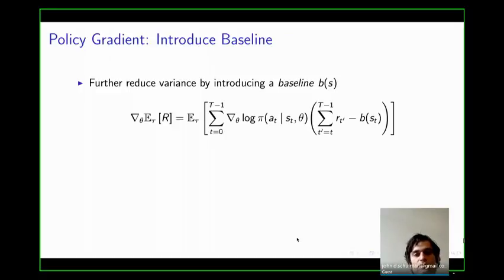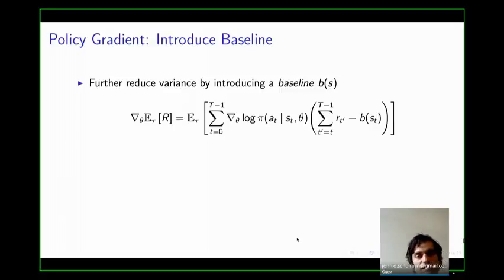Now we can reduce the variance. The name of the game is variance reduction, because the policy gradient is what we care about. We just want to get it estimated as well as possible, as fast as possible, which means reducing the variance of our estimator as much as possible. One really good variance reduction technique is to introduce what's called a baseline.